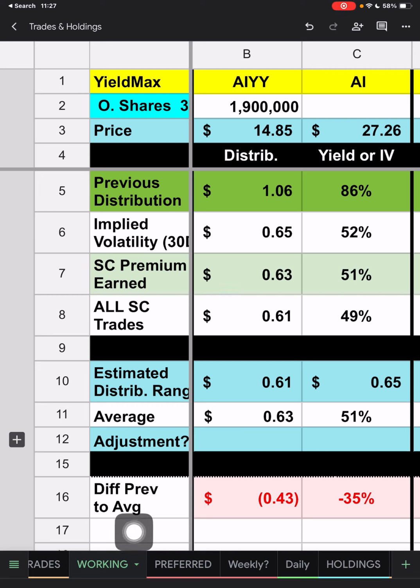And then I did one, then I was like, okay, well, what if we just took the average of them? So then that's what the next line is. It's just a pure average of those 3 numbers. And then this is the percentage yield, just like these, based on this average.